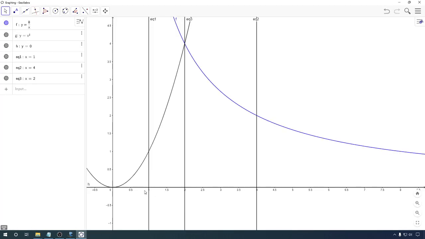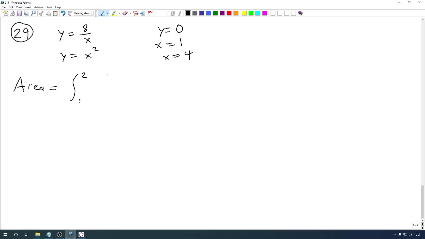We're going from x equals 1 to x equals 2. Our top curve here is just our x squared. The bottom is the x-axis, so really we're just integrating x squared. But then we have from 2 to 4, this time our top curve is the 8 over x.